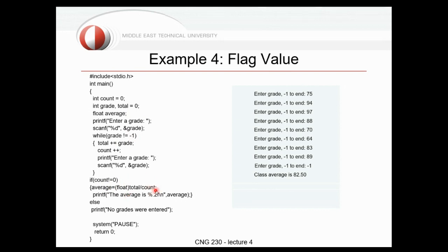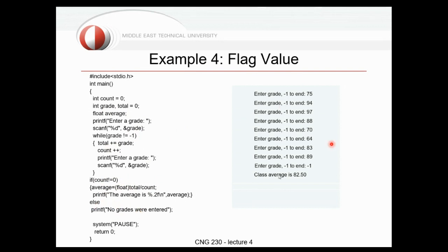And if the count is equal to 0, this division is not defined as a real number. And in float, we don't define it. For complex numbers, we need another type of data. Okay, so if there is data, then we will calculate the average. But if not, then we say no grades were entered.